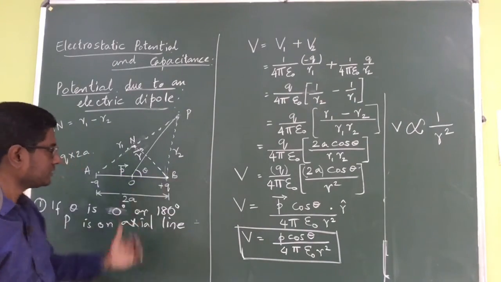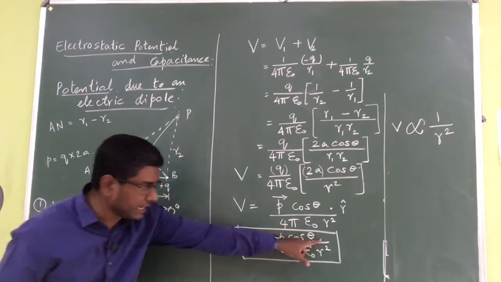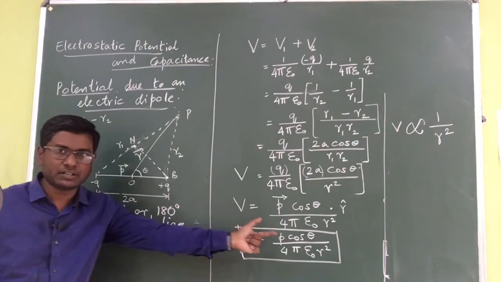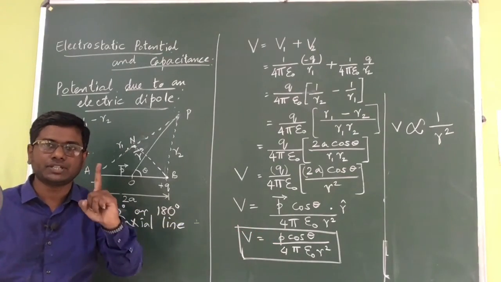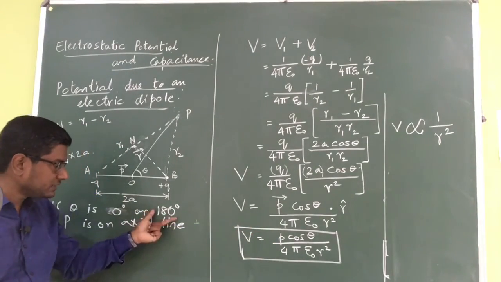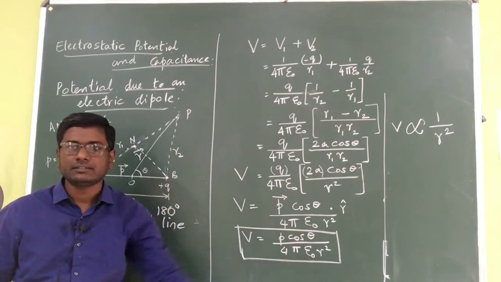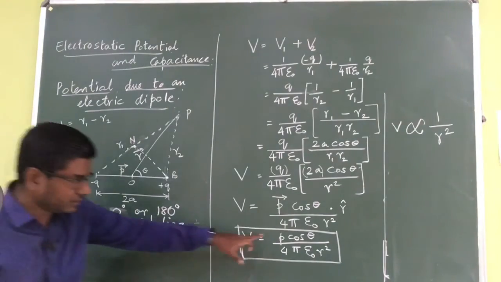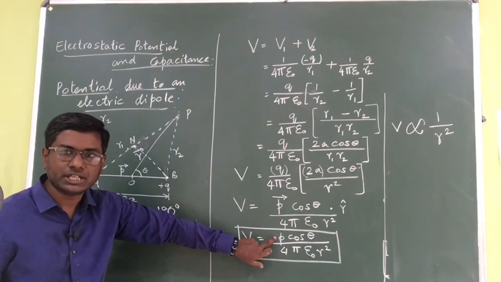If this goes here or this goes here, the theta value in that equation will be either 0 or 180 degrees. If theta becomes 0, cos 0 gives us plus 1. And if theta becomes 180, cos theta becomes minus 1. But the term remains the same. There is no change with the value of p.